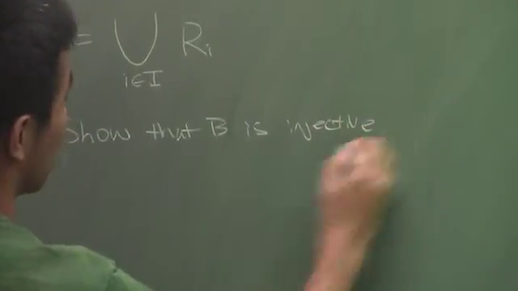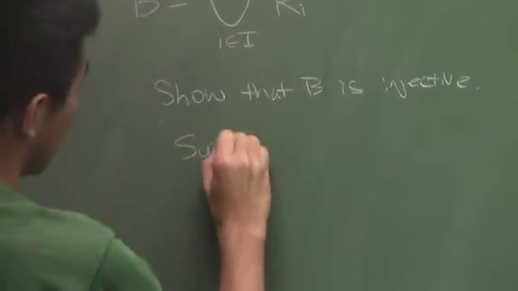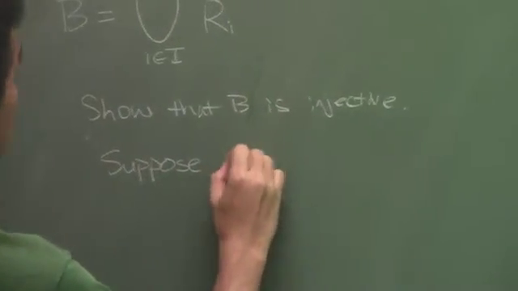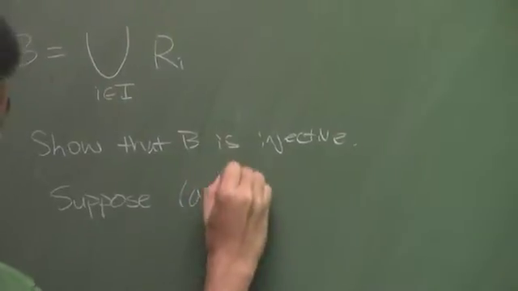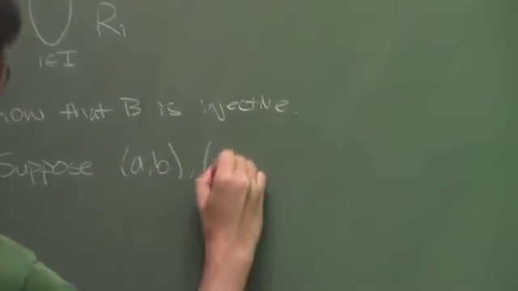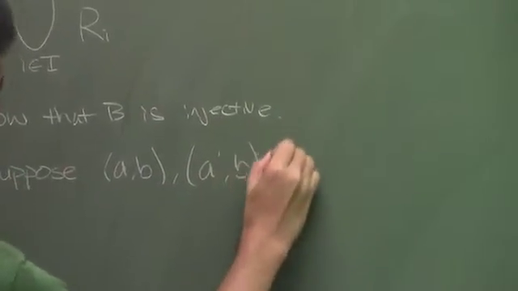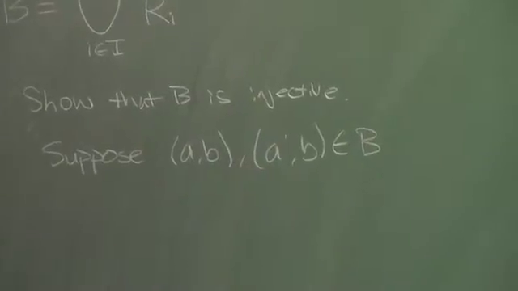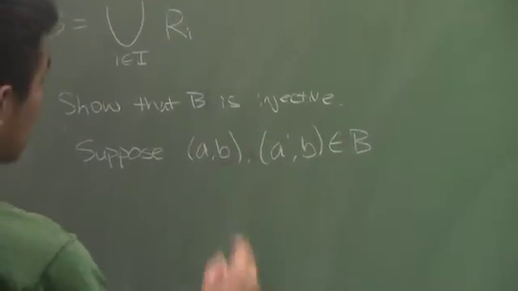Suppose (a, b) and (a prime, b) belong to B. And we want to show that a is a prime, right?